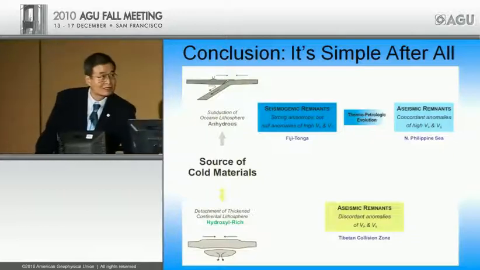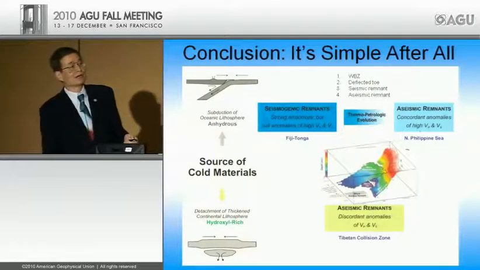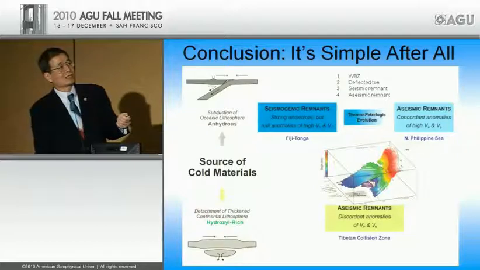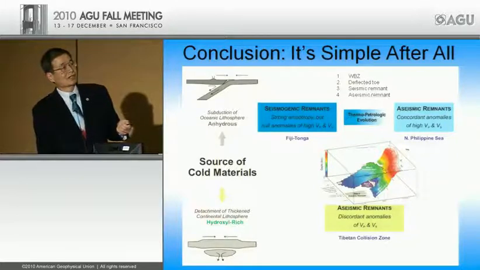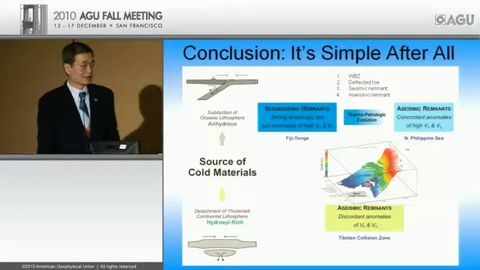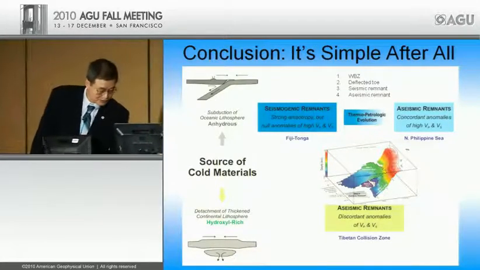And this is the part that we spent a lot of time on, talking about how a slab goes into a deflected toe and then eventually evolves into this seismic remnant, which is buoyant. Therefore, it doesn't go into the lower mantle. And eventually, it evolves into the aseismic remnant over here. So the overall story, I believe, is actually quite simple.